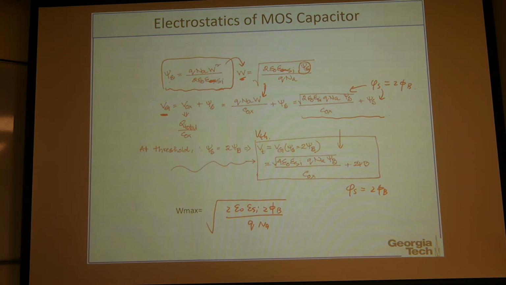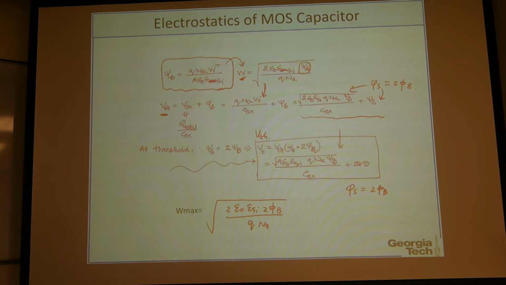Above the inversion, if you have more electrons, the depletion width will not increase anymore. So, any questions?